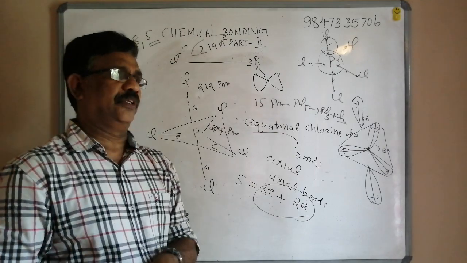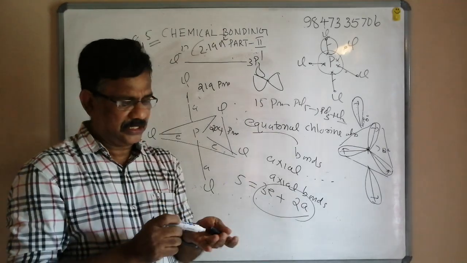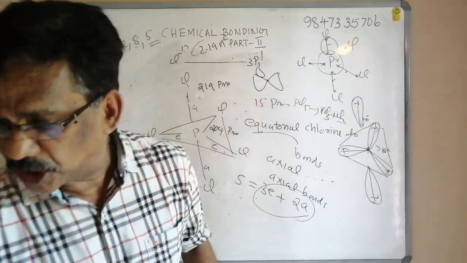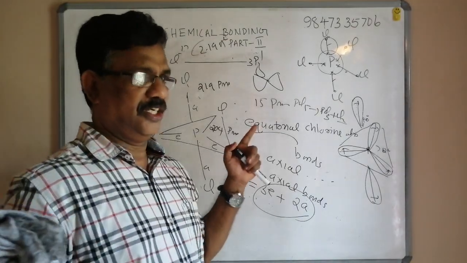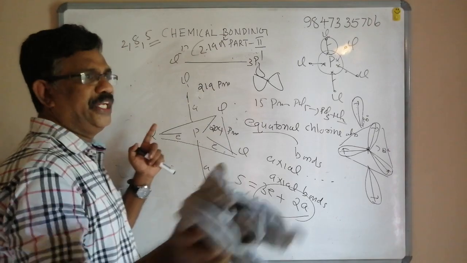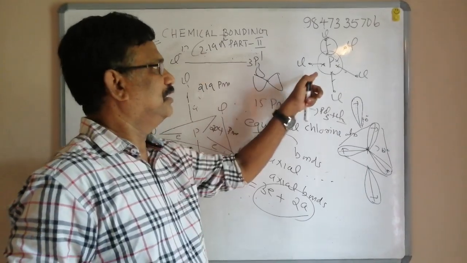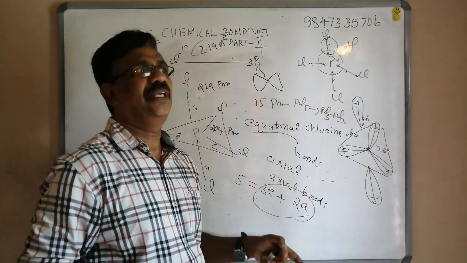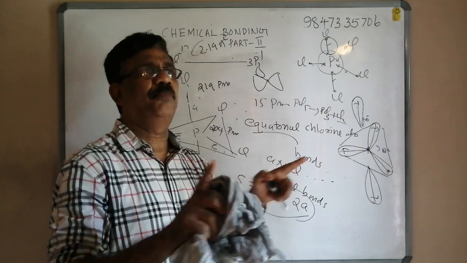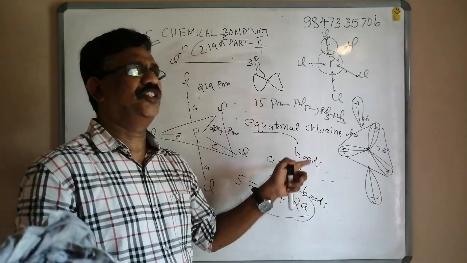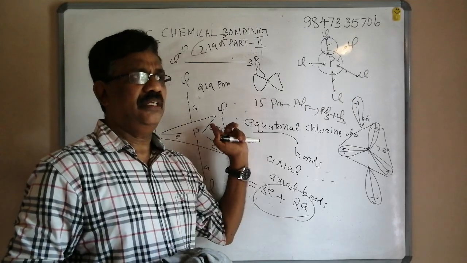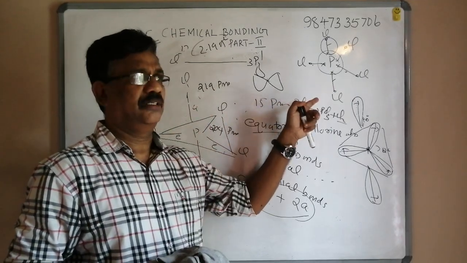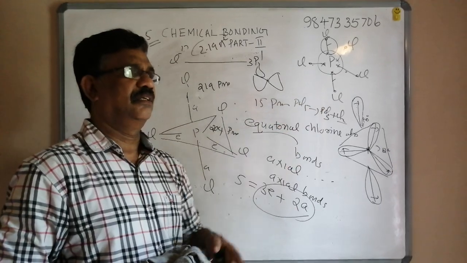So what is the reason for this? We can discuss the elongation of the axial bond and the shortening of the equatorial bond. We discussed the simple way, sp3d-p hybridization, where all overlapping is equal. That is the theory by Linus Pauling and Slater.